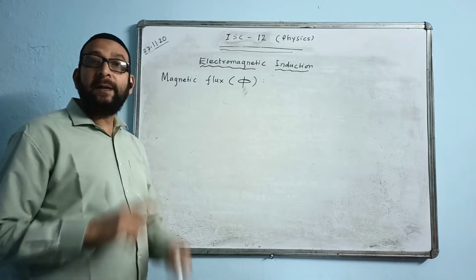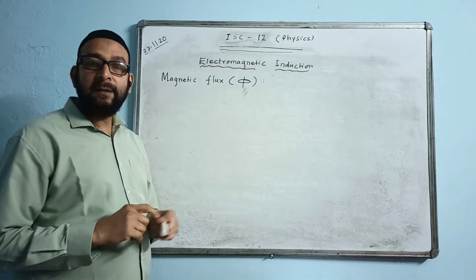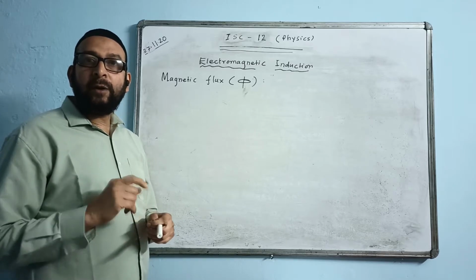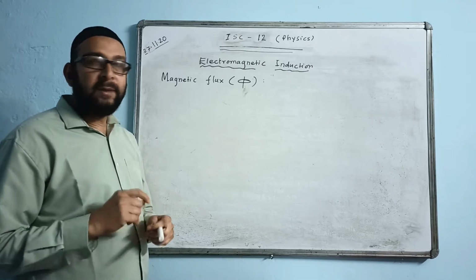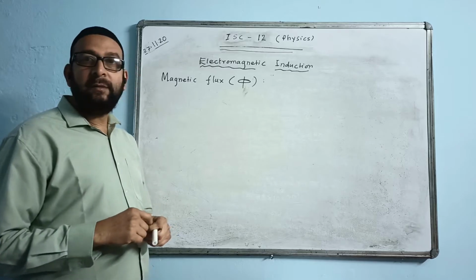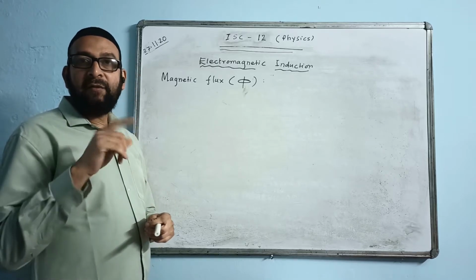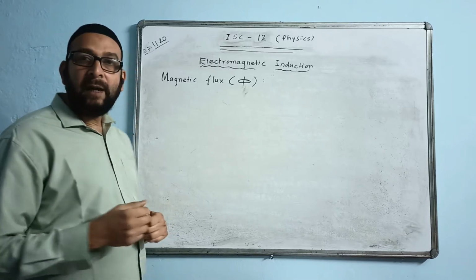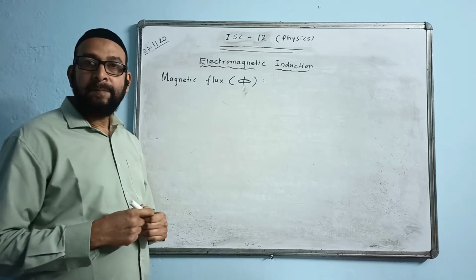And it is measured by the dot product between the magnetic field vector and the area vector.